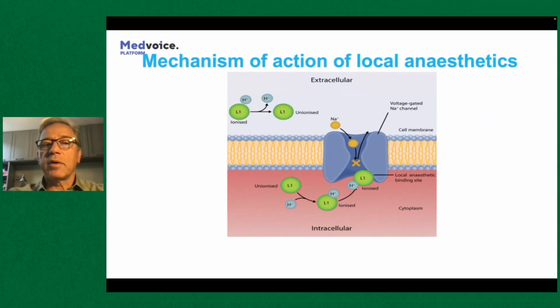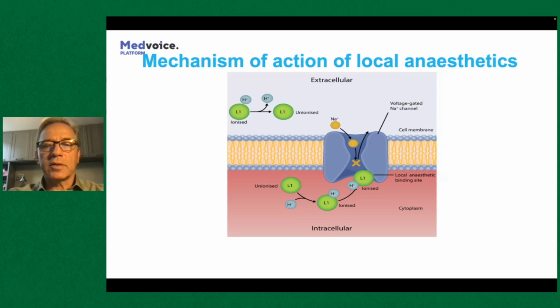Let's talk a little bit about the mechanism of action of local anesthetics. I'm just going to remind you how it works. We already spoke about the non-ionized form and ionized form. On this slide, they call them slightly differently, unionized and ionized. So the unionized form goes in.